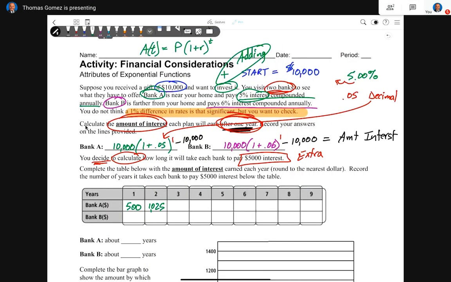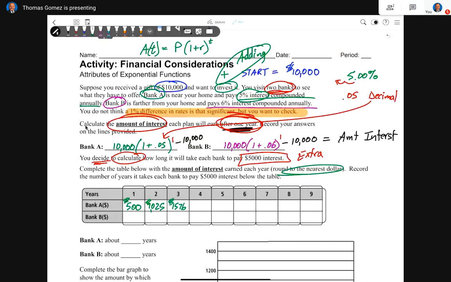Okay, so let me go ahead and write that here. 1576.25. This is how much money we're just making. This is extra. This is money in our pocket. Okay, and we're going to round to the nearest dollar. So let me go ahead and change that just real quick, just to show rounding to the nearest dollar. This would be 1576.